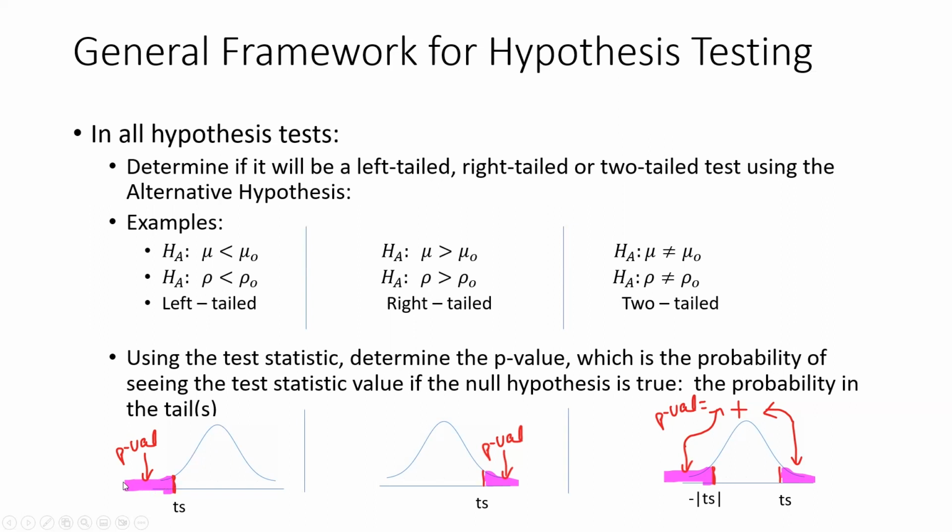So we have a little bit of probability out here, and a little bit out here. And this is a right-tailed test, so it's the amount of probability in the right tail. If it's a two-tailed test, then we have to add the probability that's in both tails. Even though our test statistic is only on one of these sides, in a two-tailed test we're still going to add the probability from both tails.